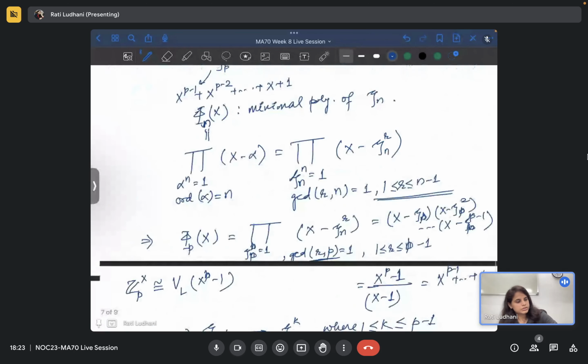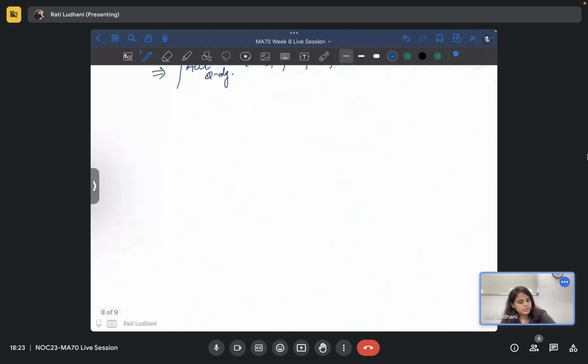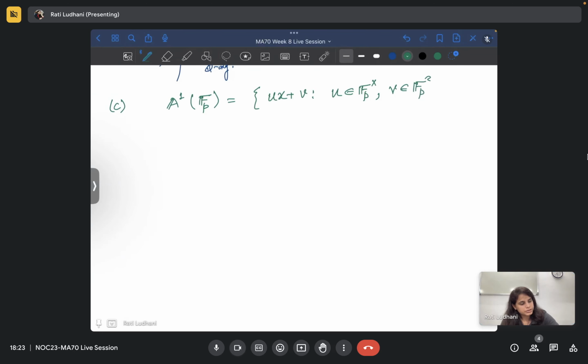So let's move to the C part, which says, firstly, what is the affine line? The affine line of Fp is all those ux plus v such that u belongs to Fp star and v belongs to Fp. So by definition we have this. This is the affine line of Fp.